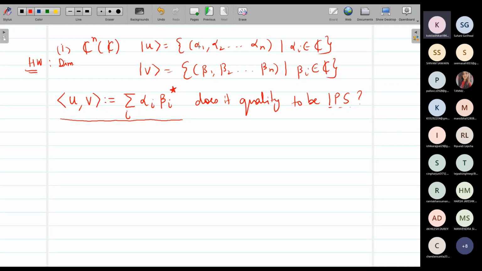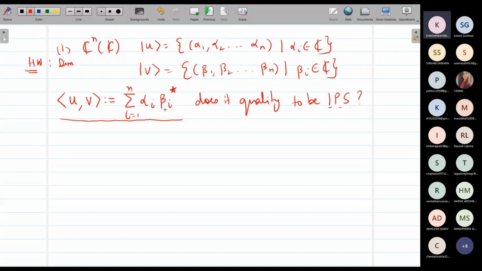What I have done is component-wise multiplication, alpha 1 beta 1, alpha 2 beta 2, with i going from 1 to n, and instead of alpha 1 beta 1 I am putting alpha 1 beta 1 star. I am just defining this; whether it qualifies to be an inner product is the question. How am I supposed to see that? We check with the properties.